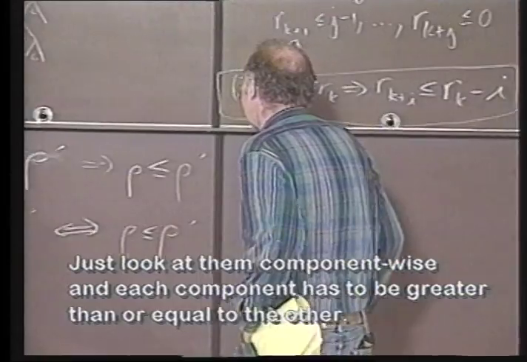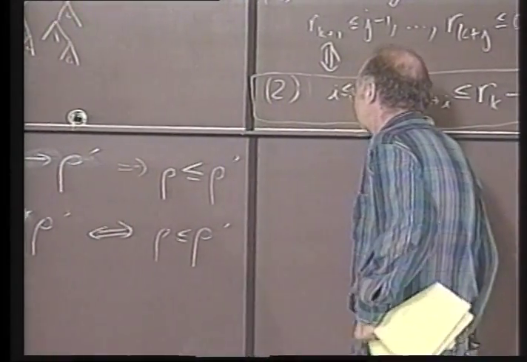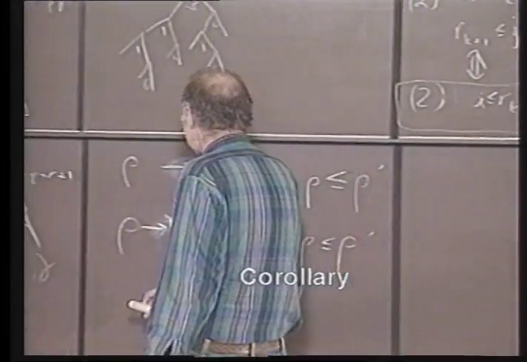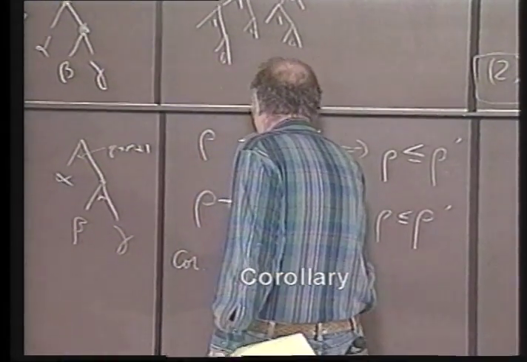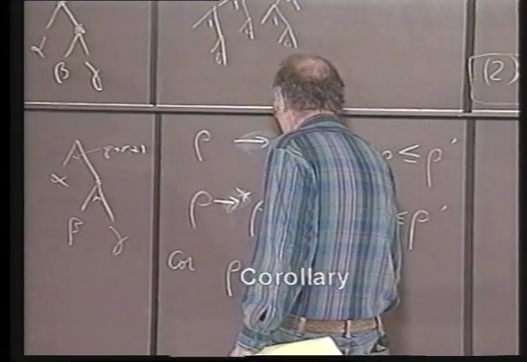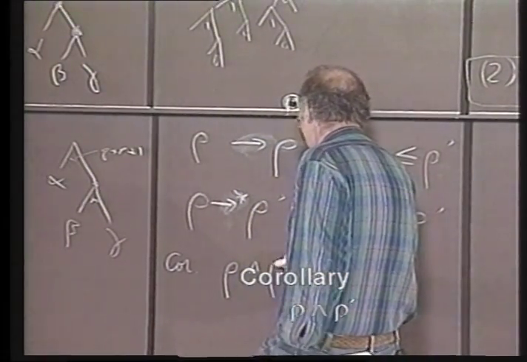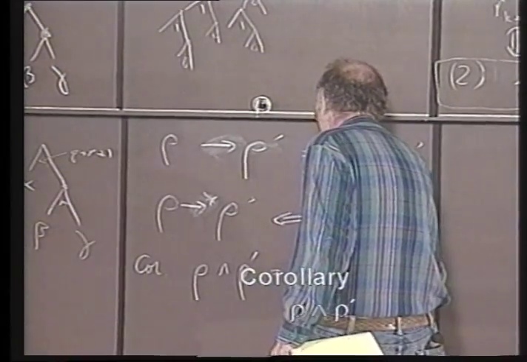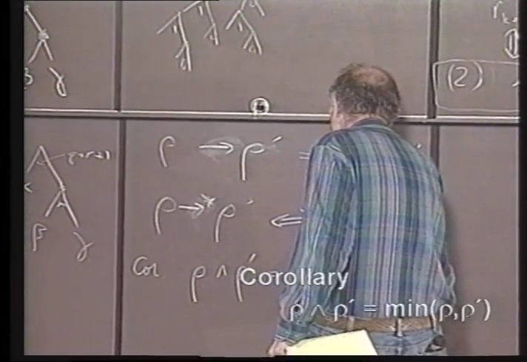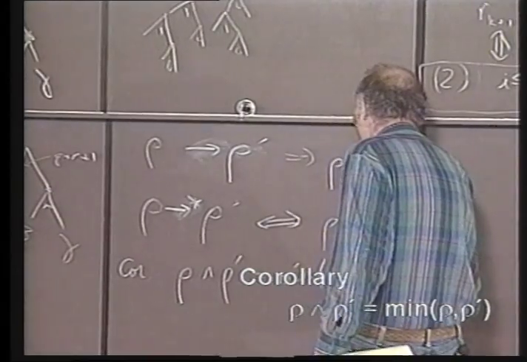Okay, but now we can also get a corollary, and that is the meet, I'm sorry, of two trees is equal to the minimum of the two component-wise.